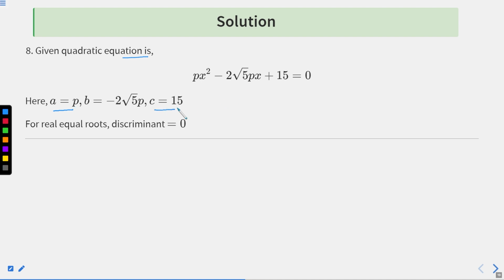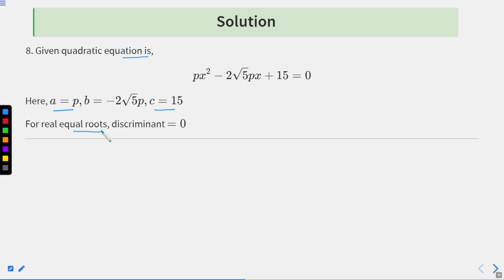Now for real equal roots, the discriminant is equal to 0. And we know for a quadratic equation ax square plus bx plus c is equal to 0, the discriminant is equal to b square minus 4ac. We already have the values of a, b and c.